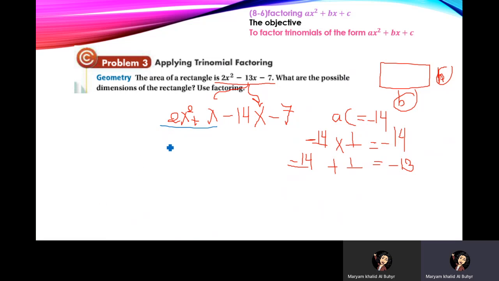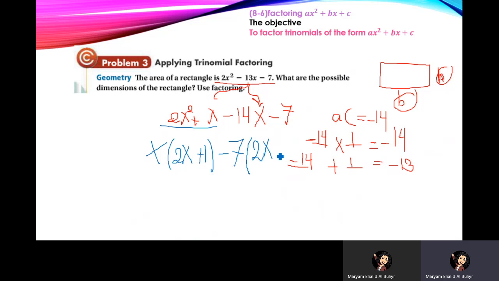Just take outside here the common factor between them, x. Inside, 2x plus 1 if I took the x outside. Distribute, you will get this again. Here, take the negative outside, take 7. What is the remaining inside? 2x, because once you multiply this one by this one again, you will get this term.